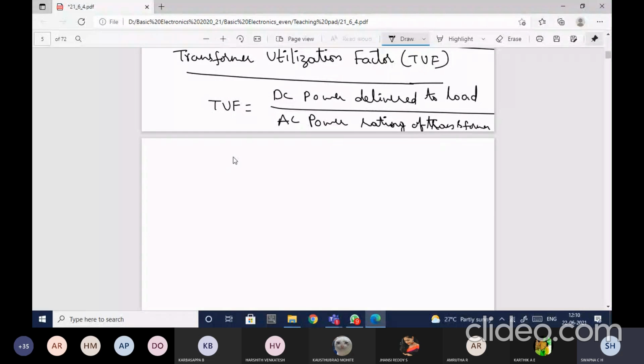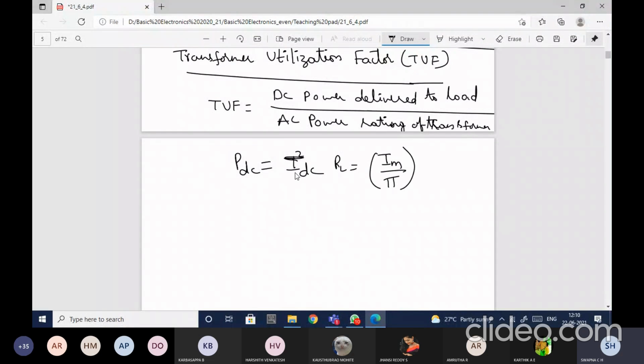We have already calculated the DC power of the load. It was I RMS square into RL. Sorry, DC power I'm calculating, so IDC square into RL. IDC is nothing but Im by pi. This is what we got in the derivation.